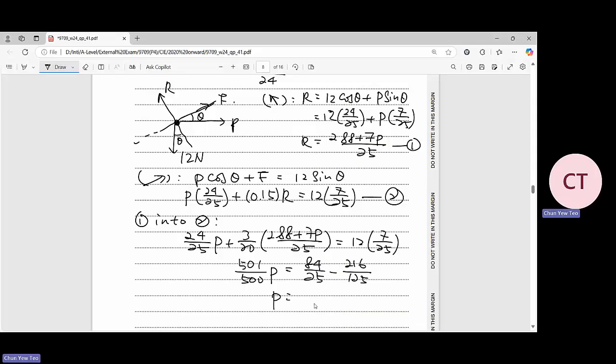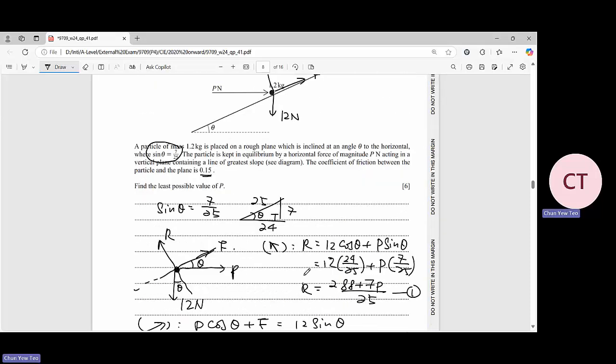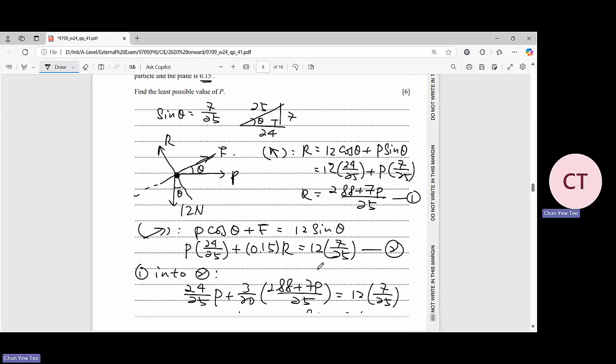Then press the calculator, simplify again, you get your P as 272 divided by 167, which equals 1.63 Newton to 3 significant figures. So this will be the answer for question number 6.